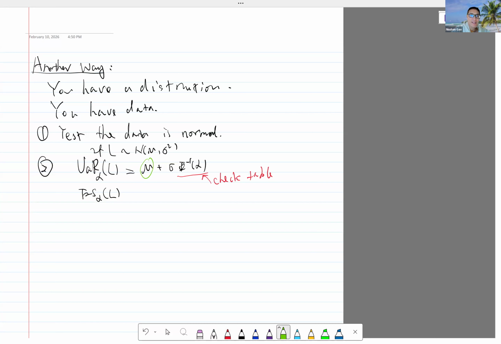This one, you estimate using data. This also has a formula: mu plus sigma times something I forgot, maybe 1 over 1 minus alpha times something. It's probably something like this. Check.